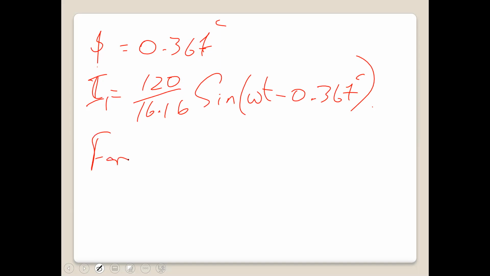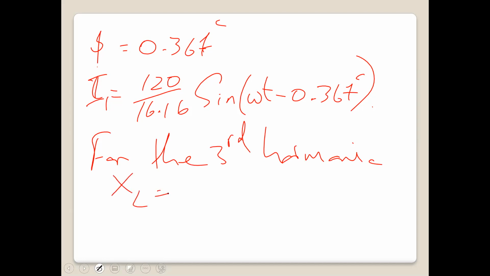You then go to your third harmonic. So for the third harmonic, what is XL? Come on, man, we just talked about this. What would XL be equal to? 18. And what would R be equal to? 15. So just give me the values for Z and phi.